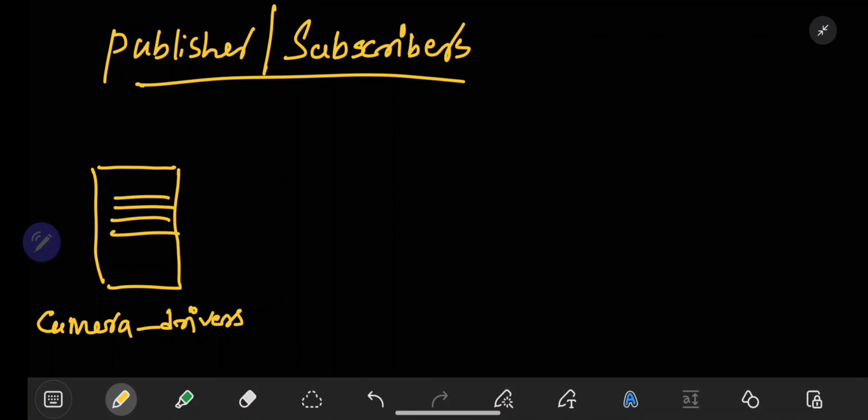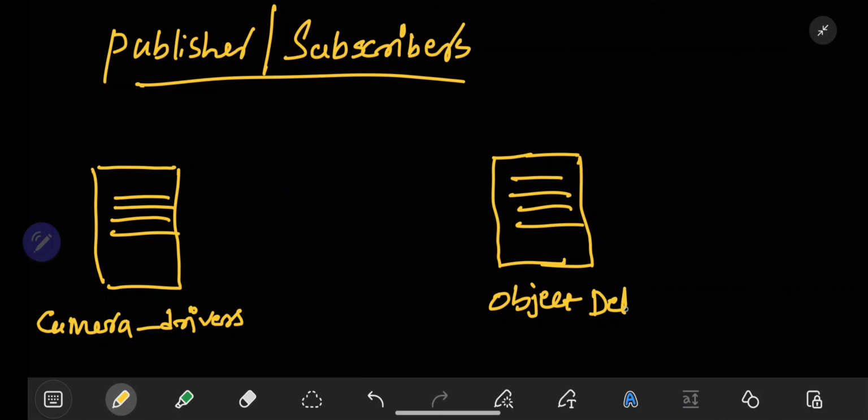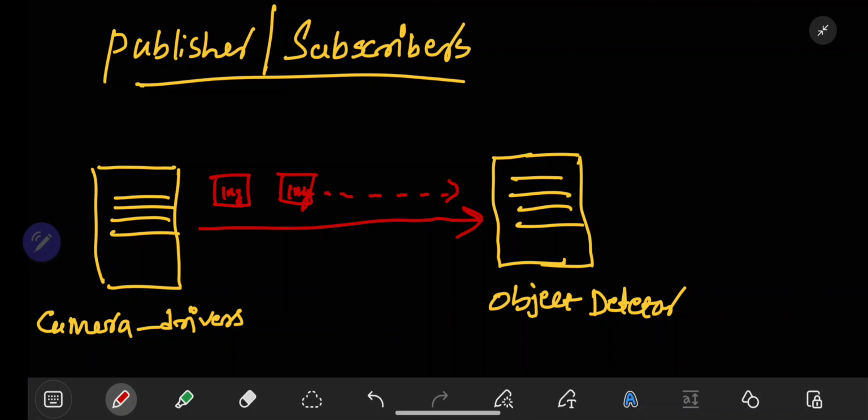One is a camera driver node and another is an object detector node. If the camera driver node wants to send data to the object detector node, it can publish this data inside a channel, called a topic, by utilizing this DDS pipeline.